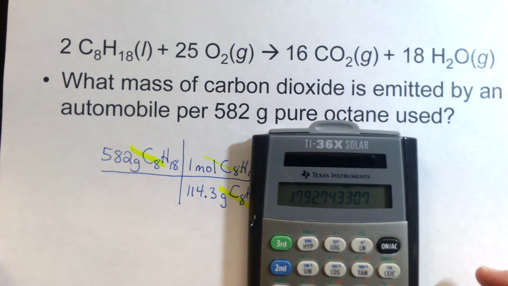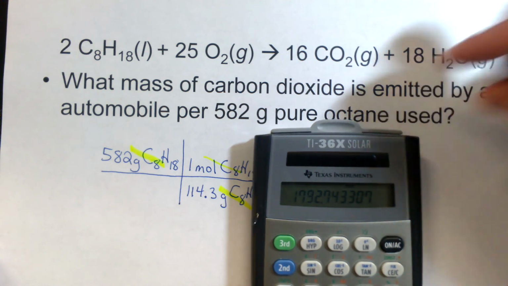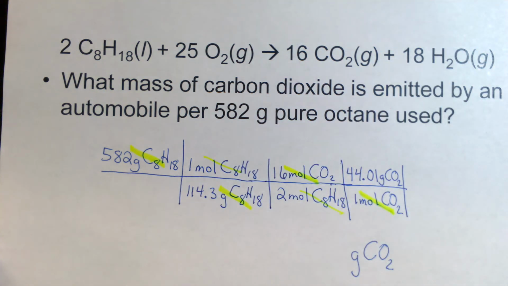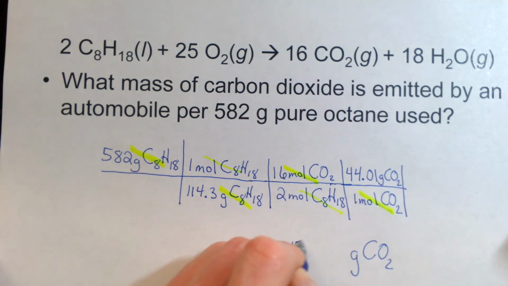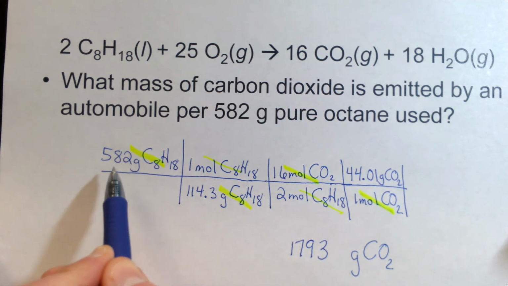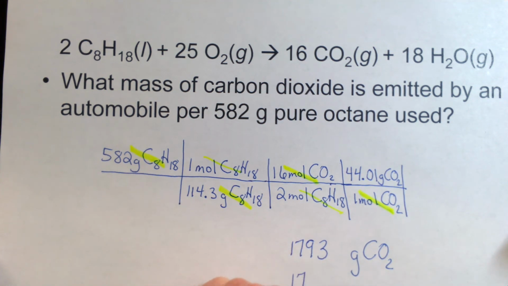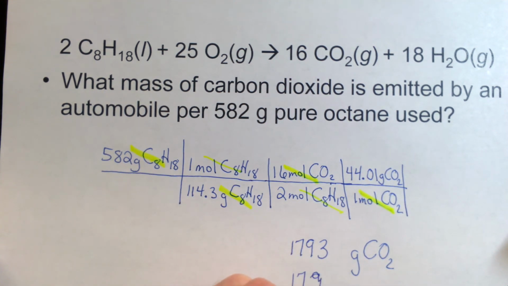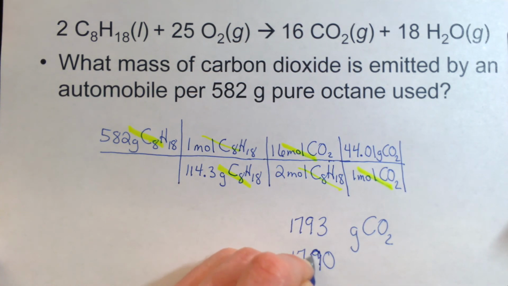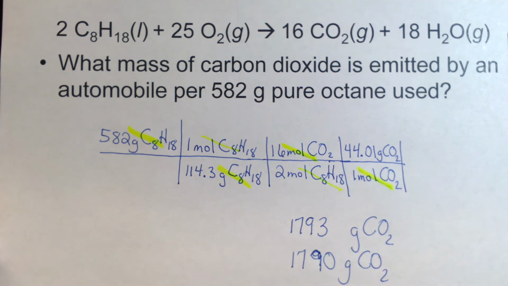And we get, it looks like, 1,793 if we were going to round. So 1793 grams. But we have 3 significant figures in our first quantity, so let's round this to 1,790. So 1,790 grams of CO2.